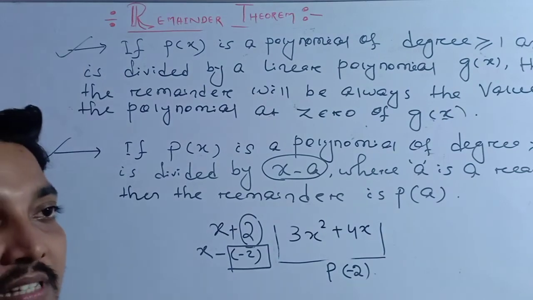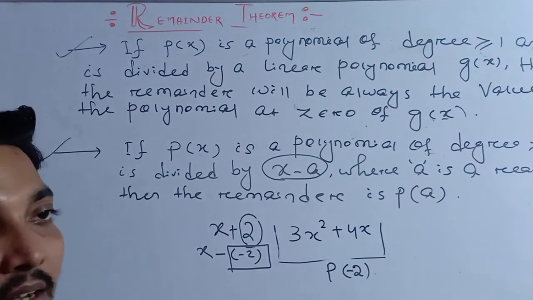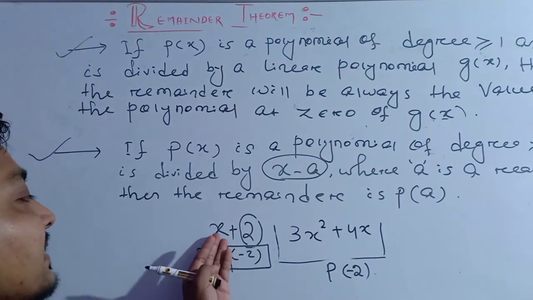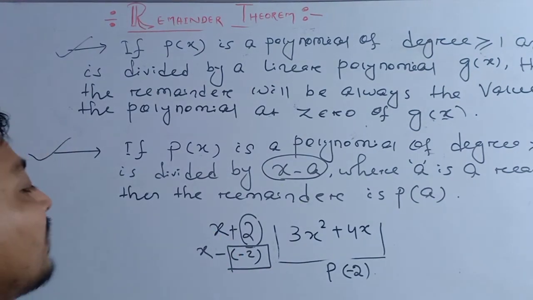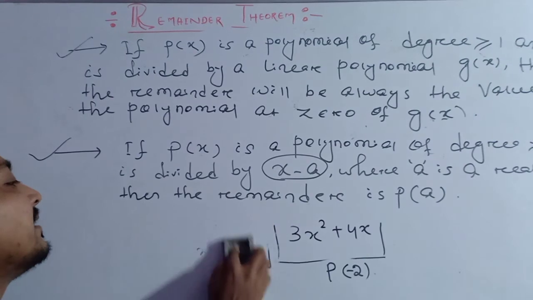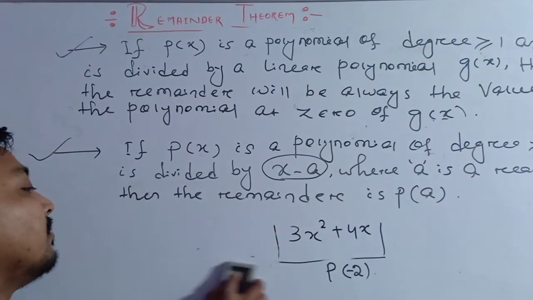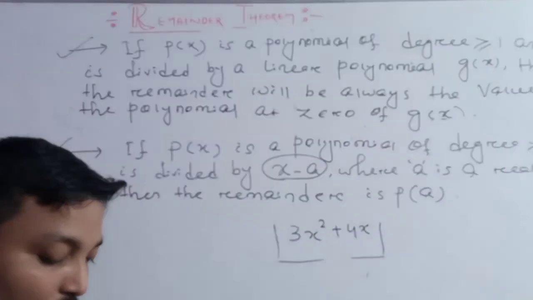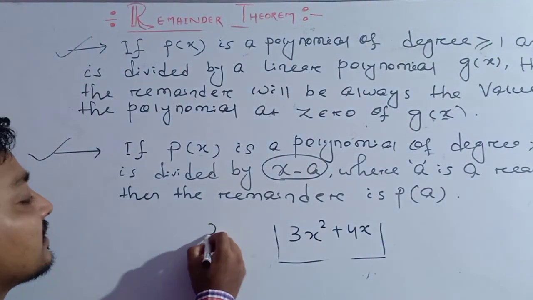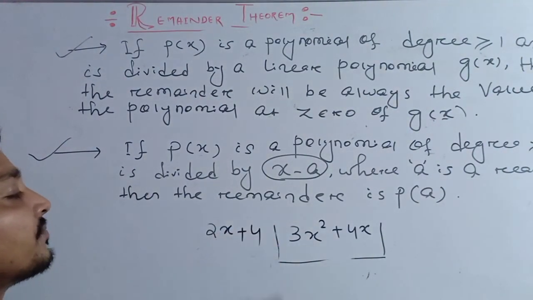In all the previous questions I said, the divisor had x with coefficient always 1. But now I am giving you another linear polynomial as the divisor, in which x does not have coefficient 1. Suppose this one is 2x plus 4.